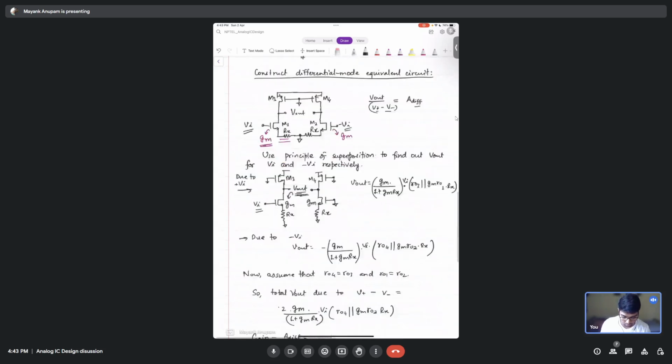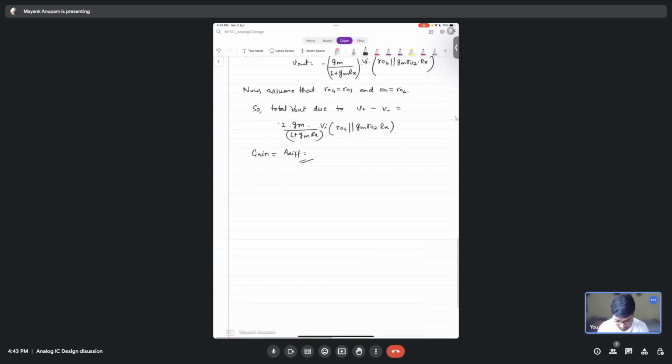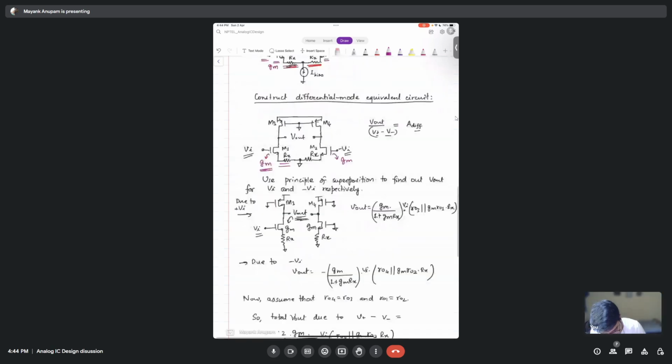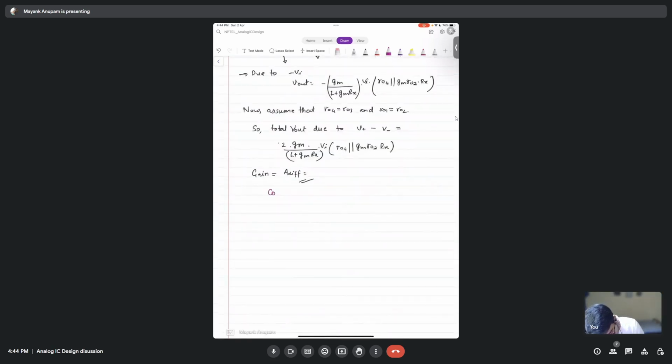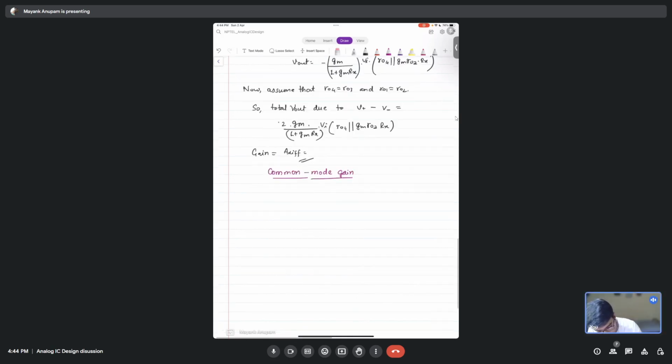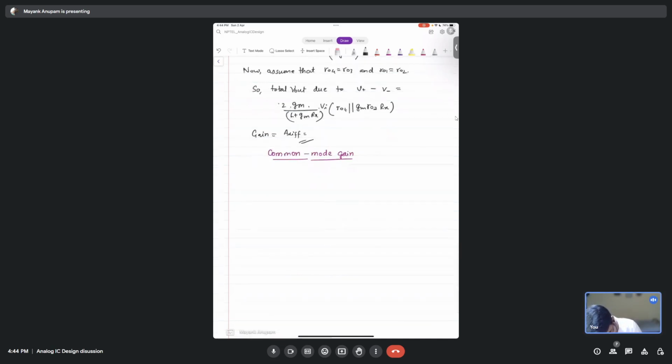Fine. So let's now talk about the common mode half. We have the same circuit again, but now let's construct the common mode equivalent.